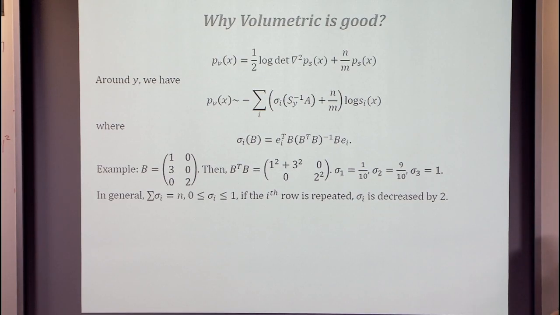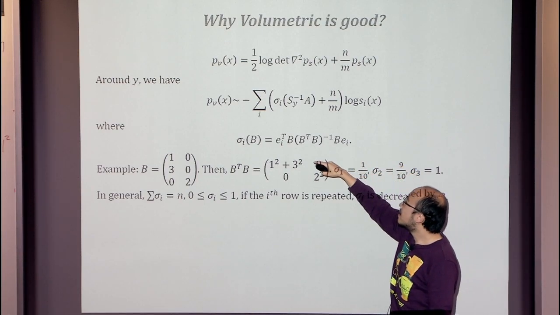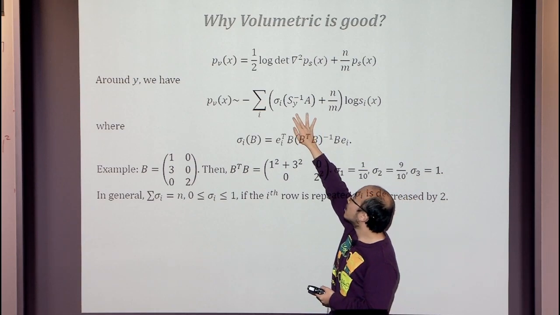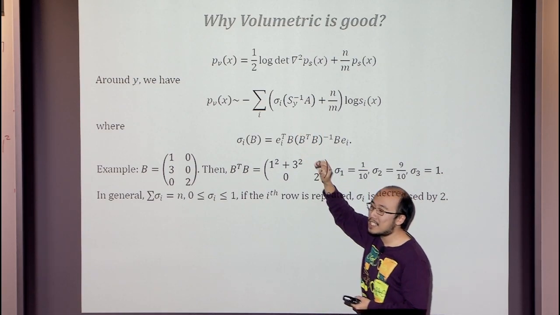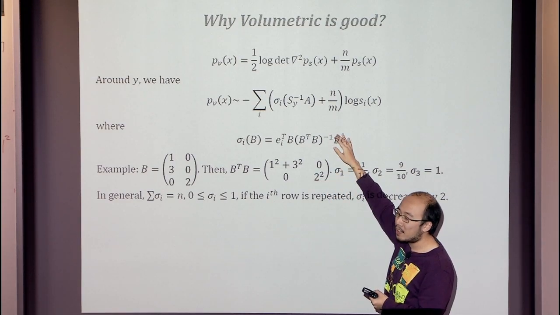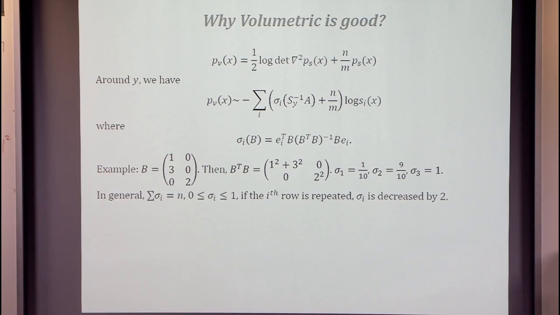So you can imagine this is a way to measure how important a constraint is. Now you can think the volumetric barrier function is looking at your constraint matrix, seeing how important each row is, and then weighting the barrier function by that importance. That's why I put the electric magnet there. You can change the magnet's strength.